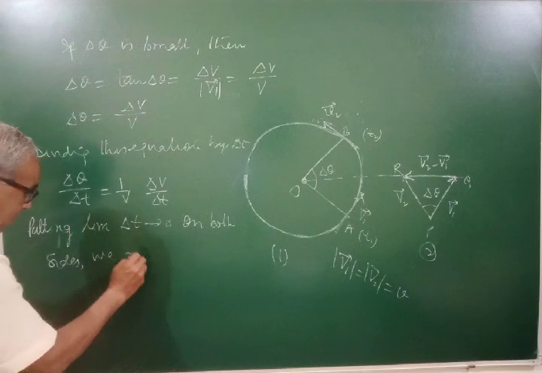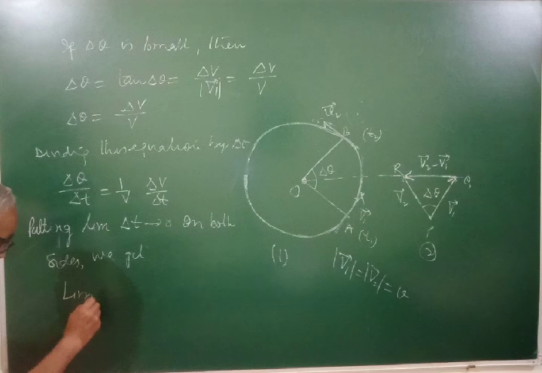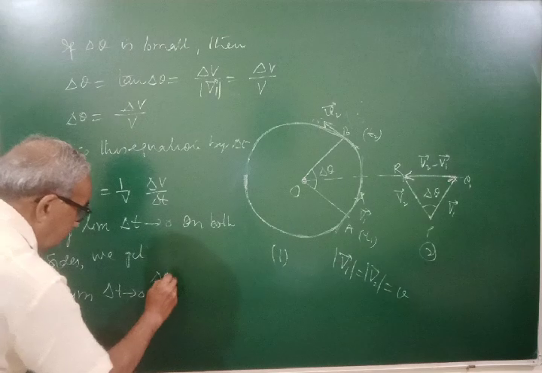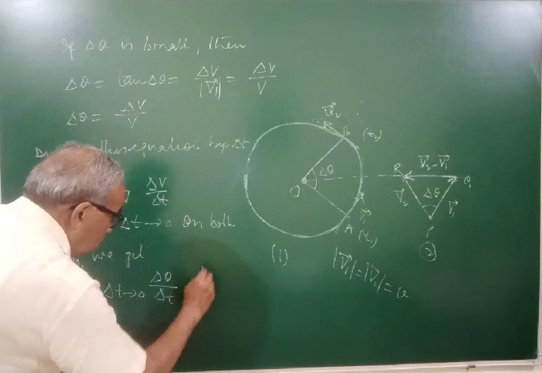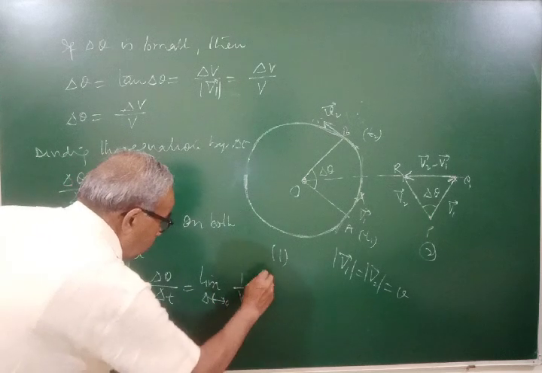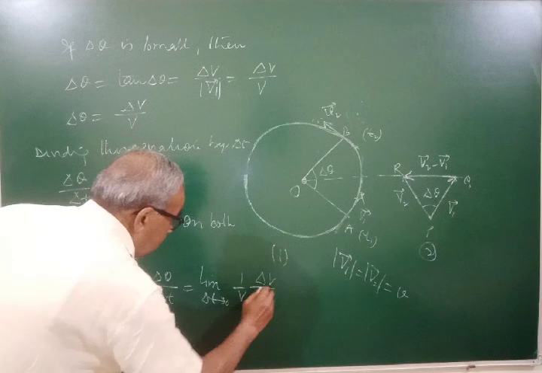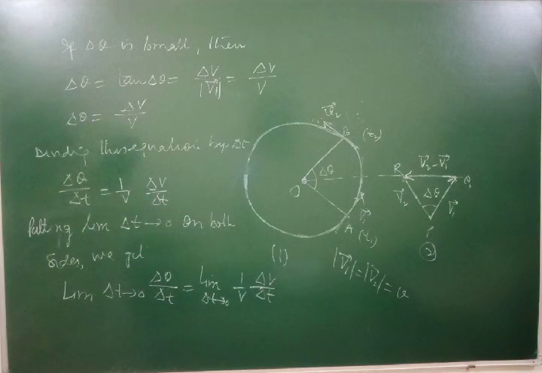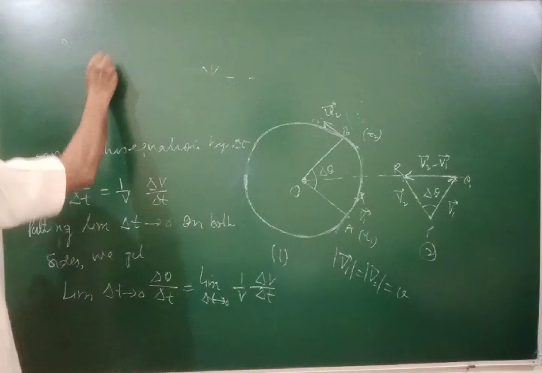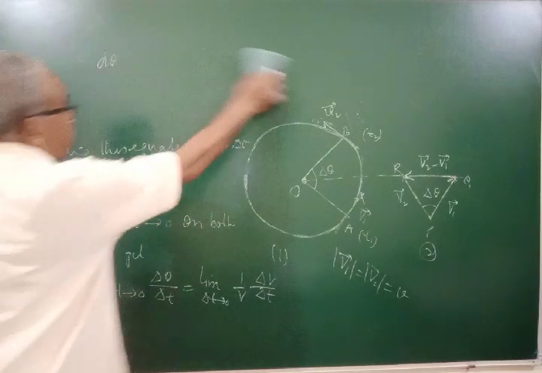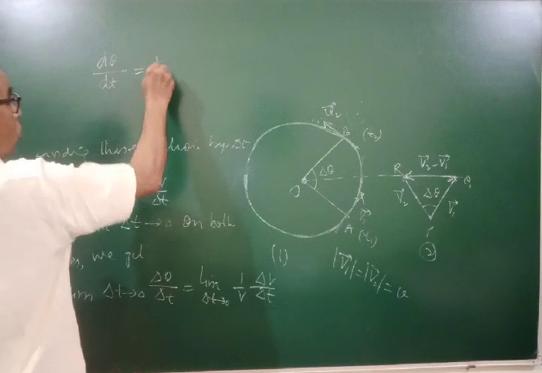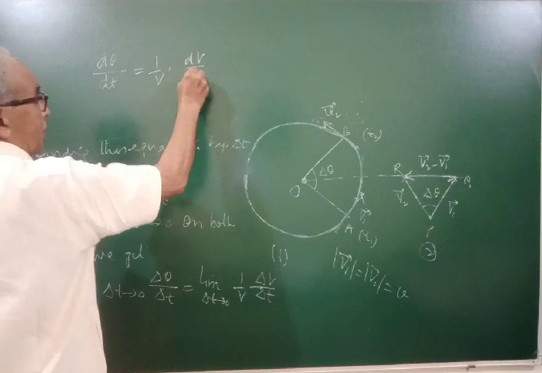We get limit delta t tending to 0 of delta theta upon delta t equal to limit delta t tending to 0 of 1 upon v into delta v upon delta t. When we replace the limit, we write this as d theta upon dt equal to 1 upon v into dv over dt.